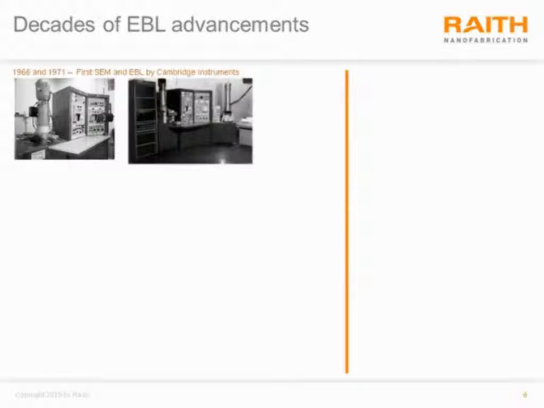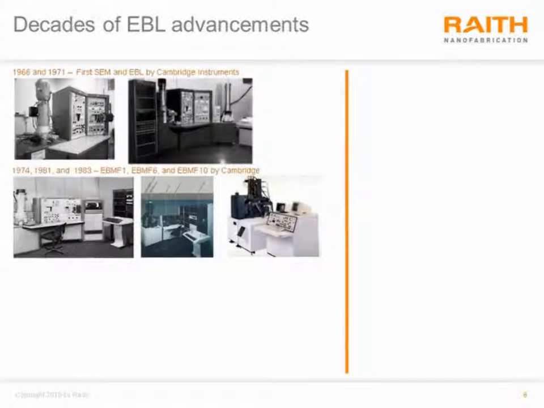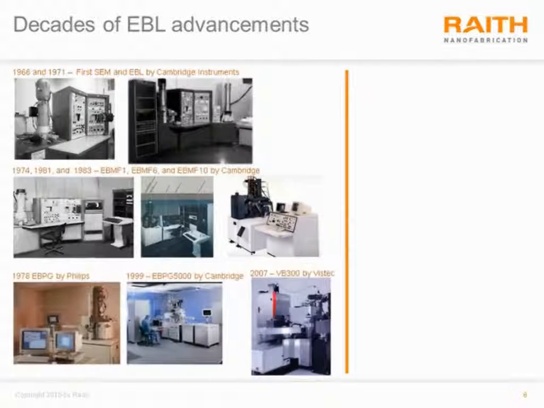Raith's roots start at Cambridge Instruments and also Philips. In 1966 and the early 70s, the first electron beam lithography systems were offered commercially by Cambridge Instruments and also by Philips. Since then, there have been many decades of advancements in electron beam lithography technology.